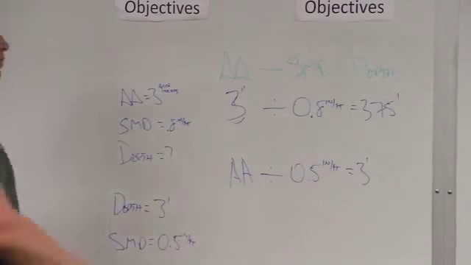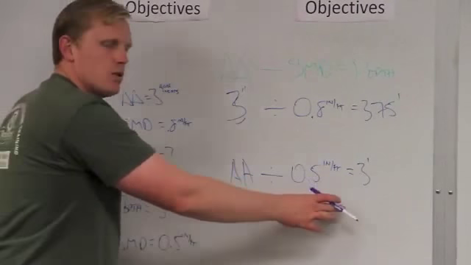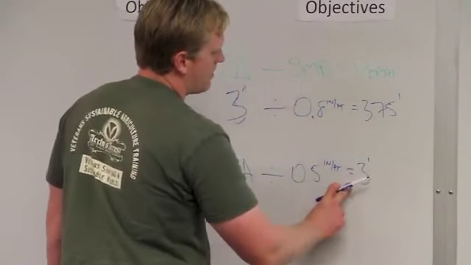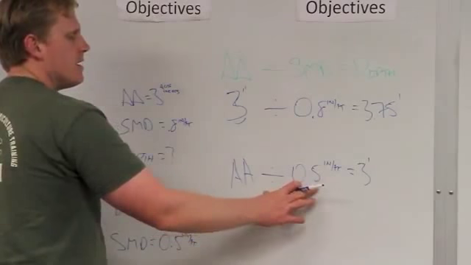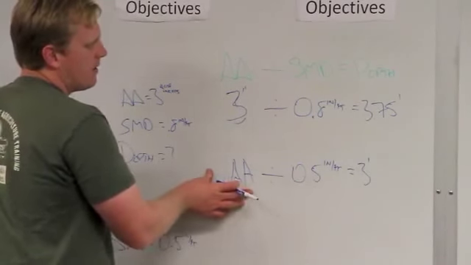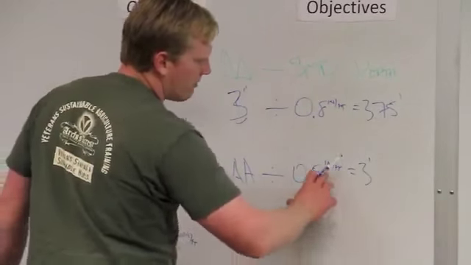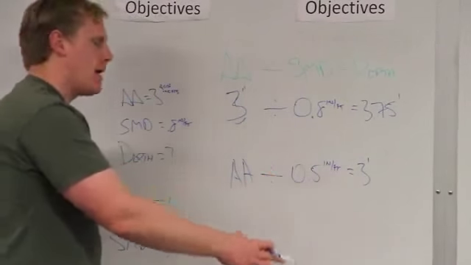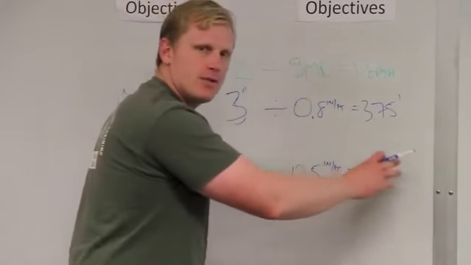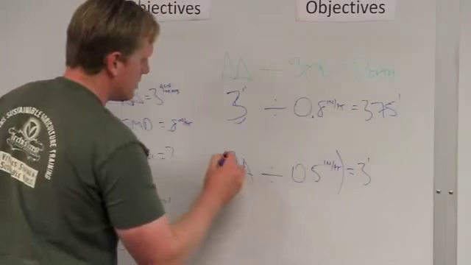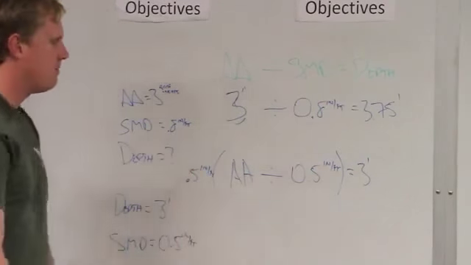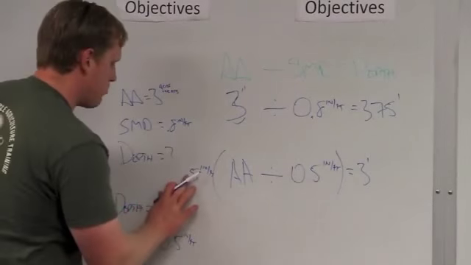Now what do I do from here? I want the available water to stand alone on this side of the equal sign. So how do I get rid of this 0.5 inches per foot? It's asking us to divide the available water by that 0.5, so I can get rid of the 0.5 by doing the opposite, by multiplying. But whatever I do to this side, I then have to do to the other side. So we're going to multiply by that 0.5 inches per foot.